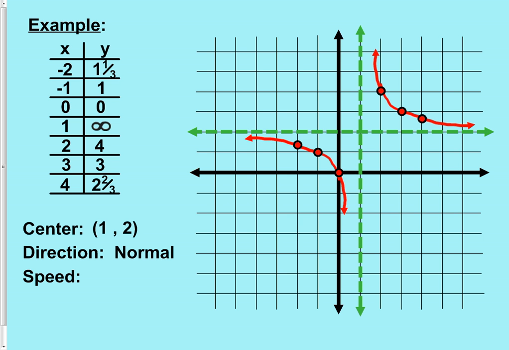Now we said that the only real chore would be to determine if there has been a change in speed in the graph. So now let's look at the graph itself. We said that as x moves one step in either direction away from the center, the y value should change by the reciprocal of that one step.